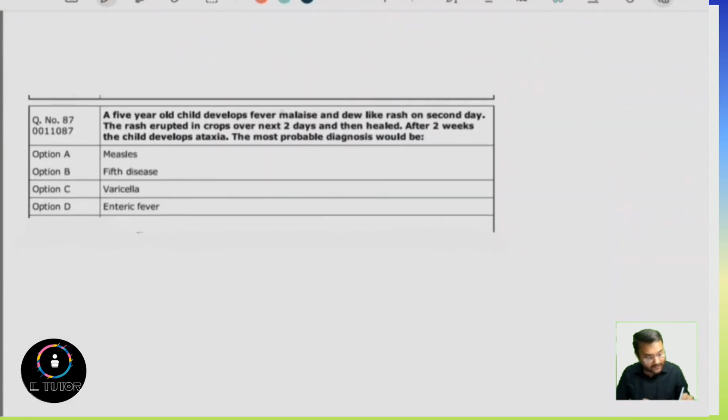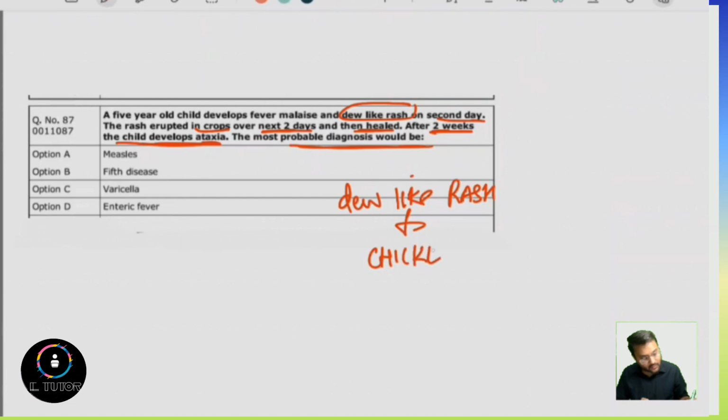A 5-year-old child develops fever, malaise, and a dew-like rash on the second day. The rash erupted in crops over the next 2 days and then healed. After 2 weeks, the child develops ataxia. The most probable diagnosis will be. So the dew-like rash is seen in case of chickenpox, and it is caused by varicella.